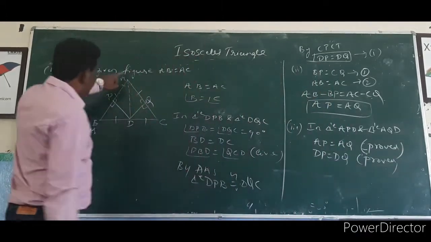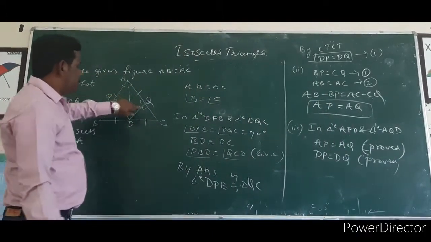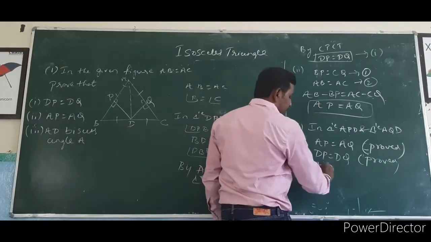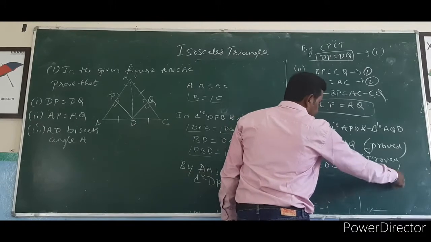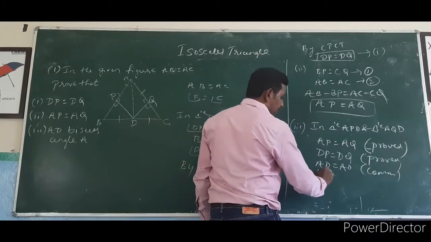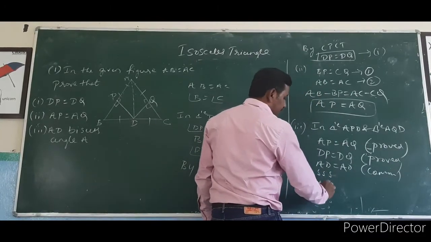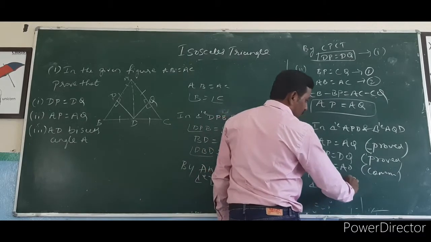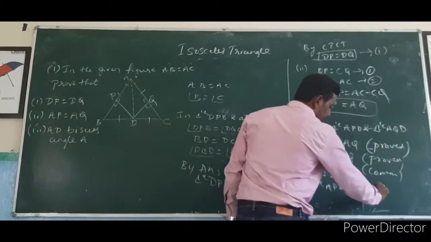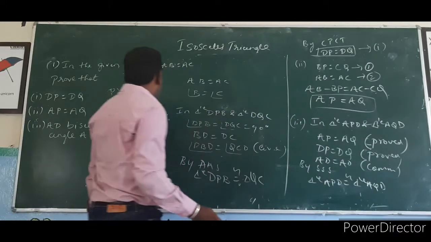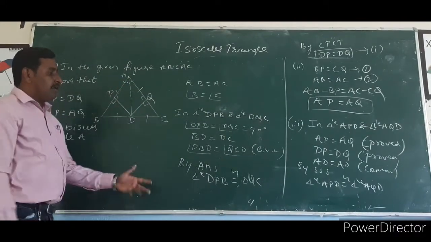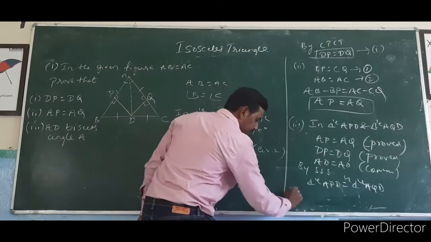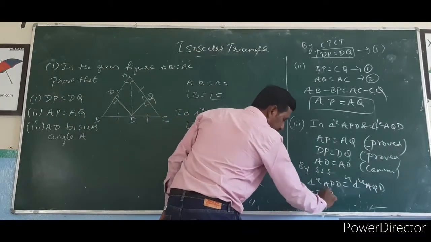Then AD is common to these two. AD is equal to AD, a common side. By the SSS postulate, triangle APD is congruent to triangle AQD. If these two triangles are congruent, the corresponding angles are equal by CPCT.